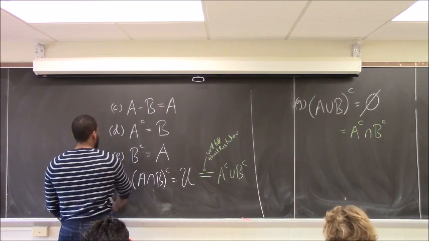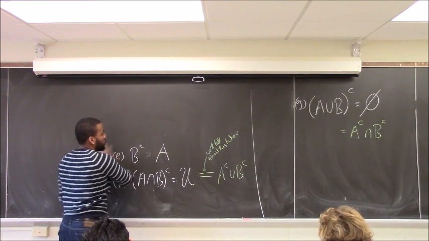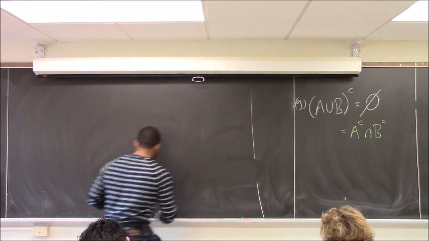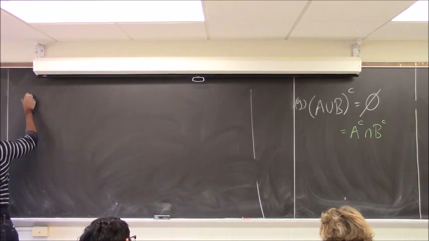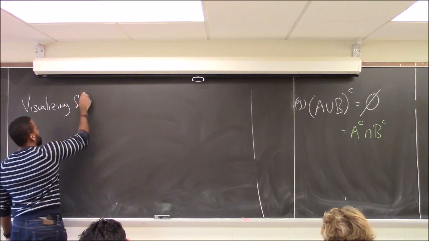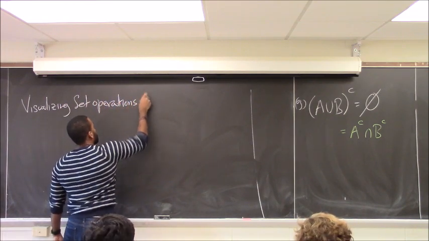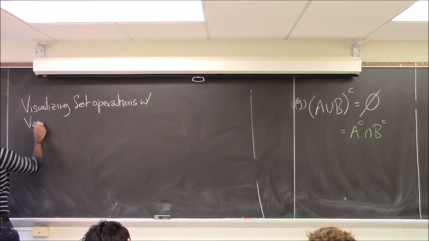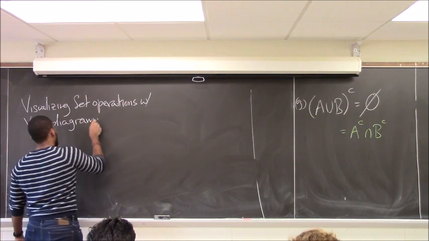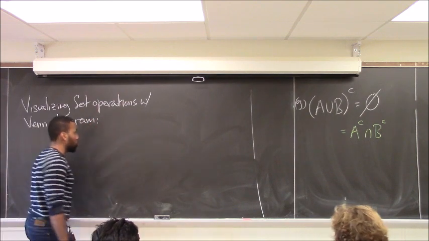Now I want you to be able to visualize different kinds of set operations with Venn diagrams. Since you kind of know how to operate on sets, looking at a Venn diagram, you should know how to recognize what region of that Venn diagram relates to which set.